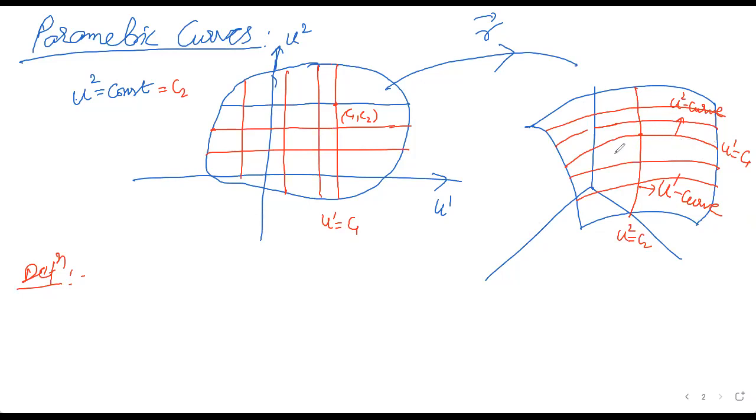So the curve on the surface will work like a function of one variable, like f of u1 and a. And for the u2 curve, I can have f of a and u2. So now it becomes a function of one variable, like a curve in a plane.